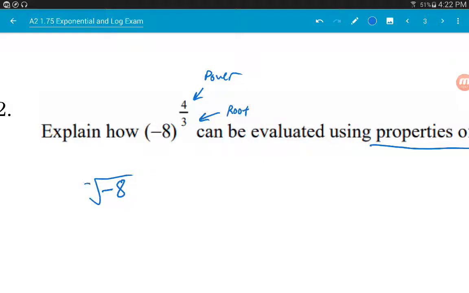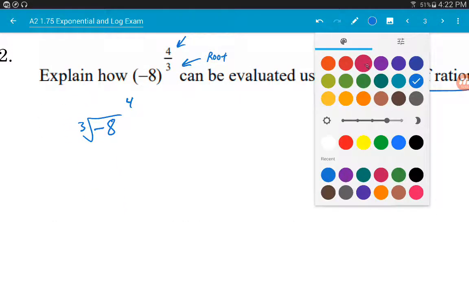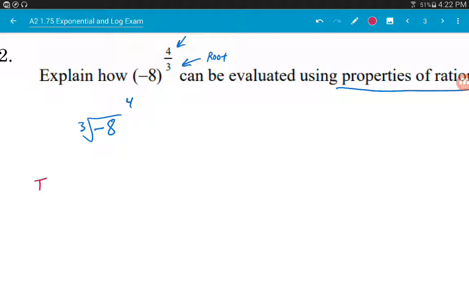So if I put down the cube root first, and I put the 4th power on top, we can say that, let me write this a little bit neater. The cube root of negative 8 is negative 2.